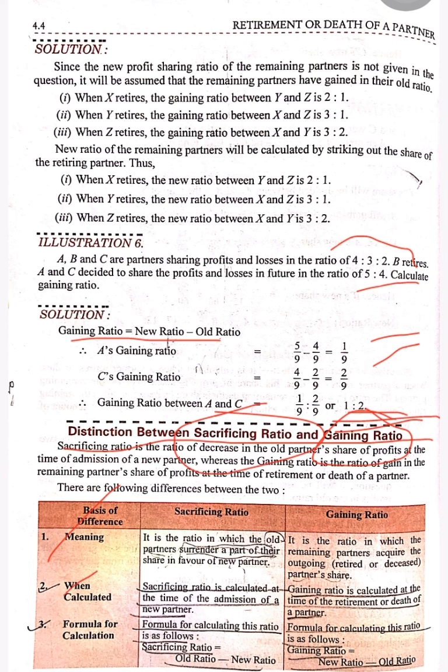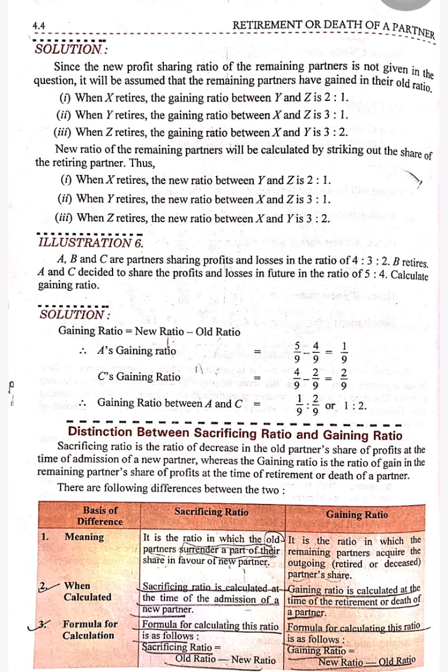I have told you when each is calculated. Sacrificing ratio will be calculated at the time of admission, and gaining ratio will be calculated at the time of retirement or death. The formula of sacrificing ratio is old minus new, and the formula of gaining ratio is new minus old.